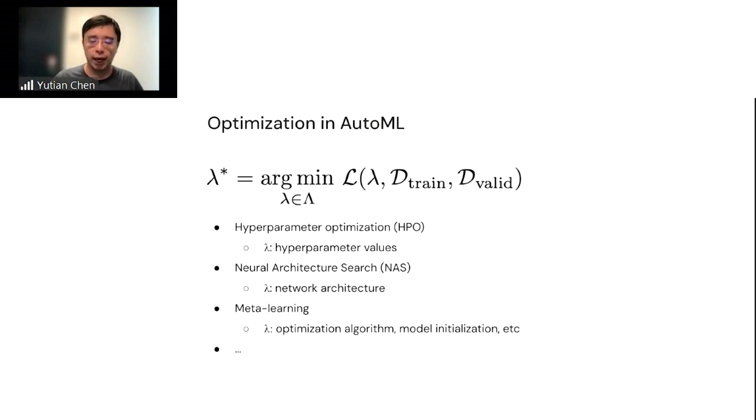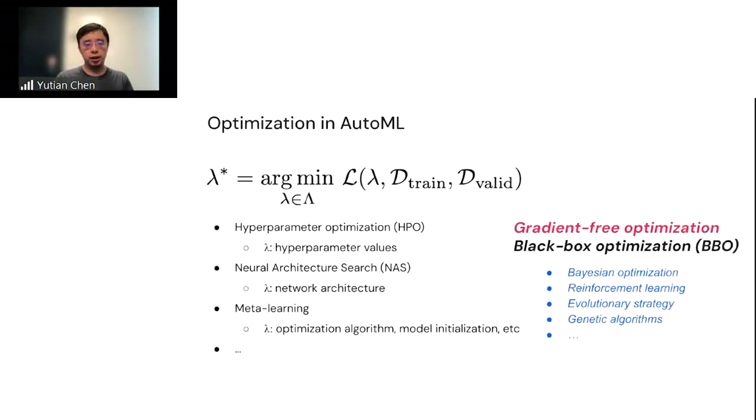For example, it's the accuracy in a classification model or the L2 loss in a regression problem. Then we would like to optimize this metric with respect to some design choices. Depending on the problem we study, the design choices can be the hyperparameter values or the network architecture, or in the meta-learning case, the optimization algorithm, etc.